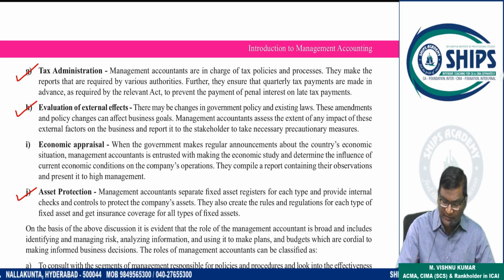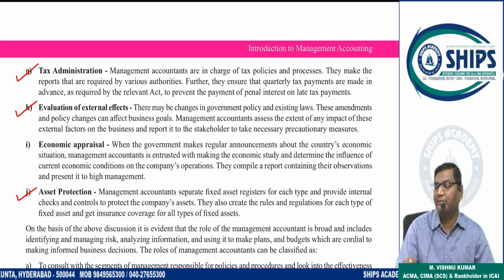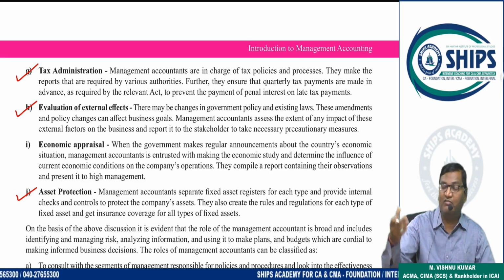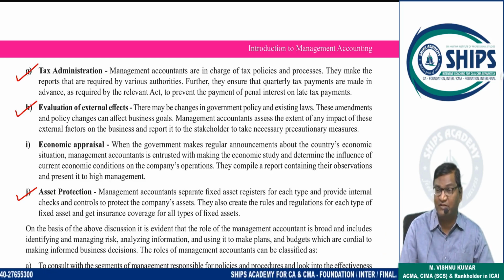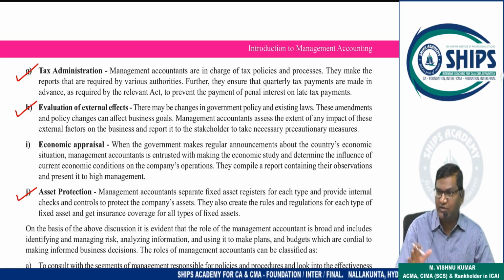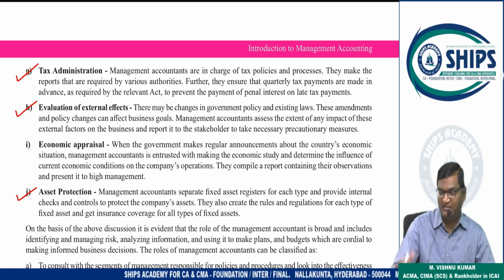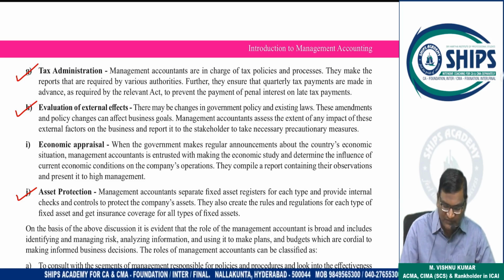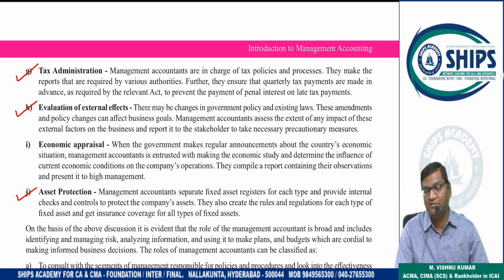So management accounting is actually used by management, so it is a part of the internal system, but sometimes some decisions will affect the external world also. So the management accountant has to clearly guide the management as to what decision can affect the externals and what decision is specifically applicable to internal matters. So these are the functions of your management accountant.